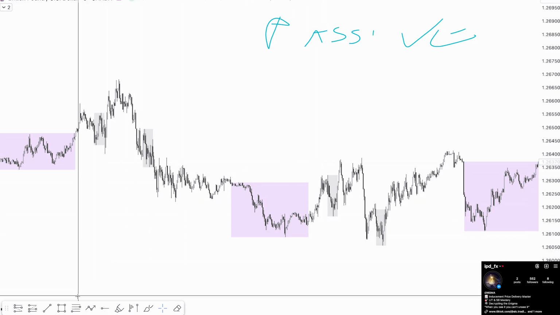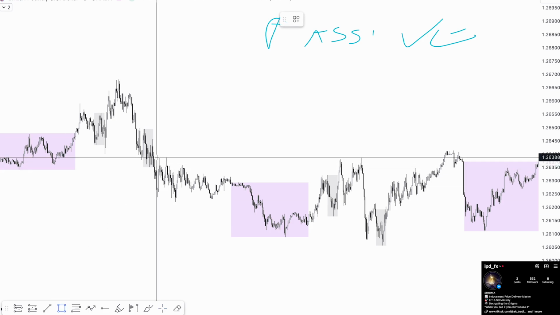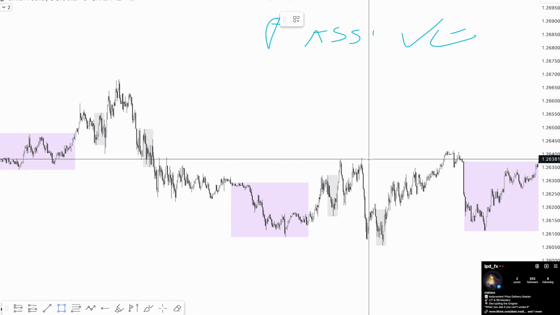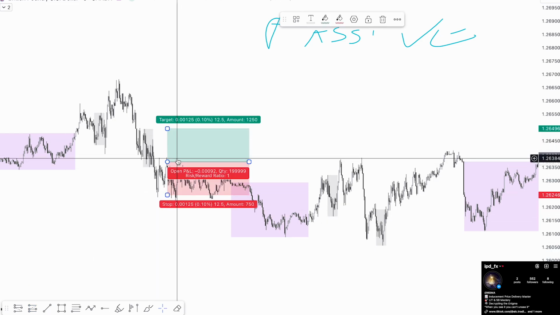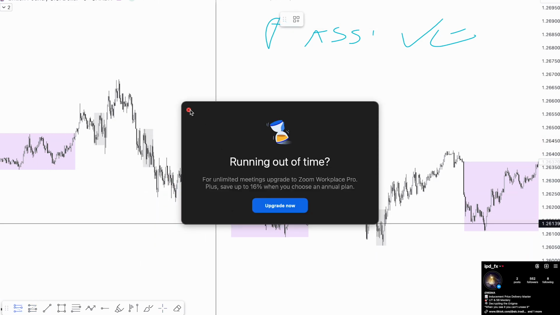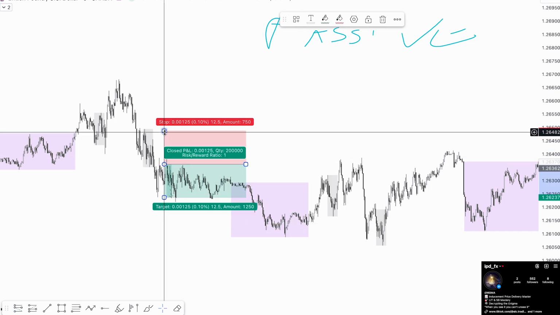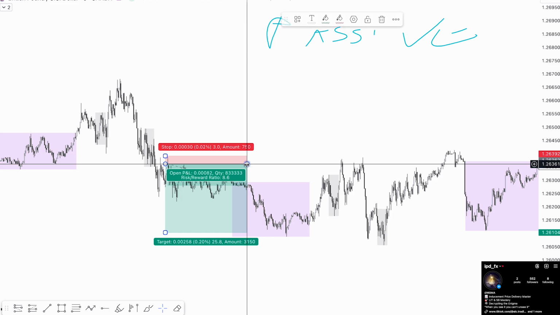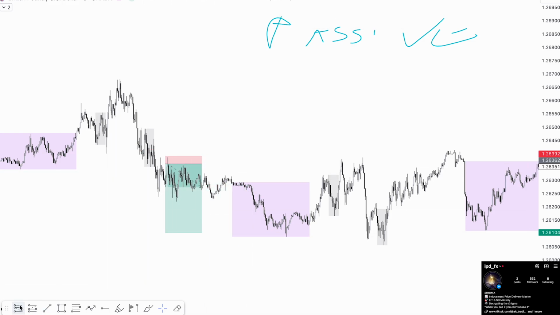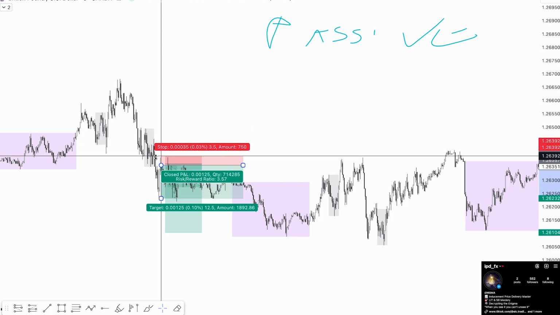So let's say this is a support, as you can see, and people are entering short here. I put the take profit in a random way.